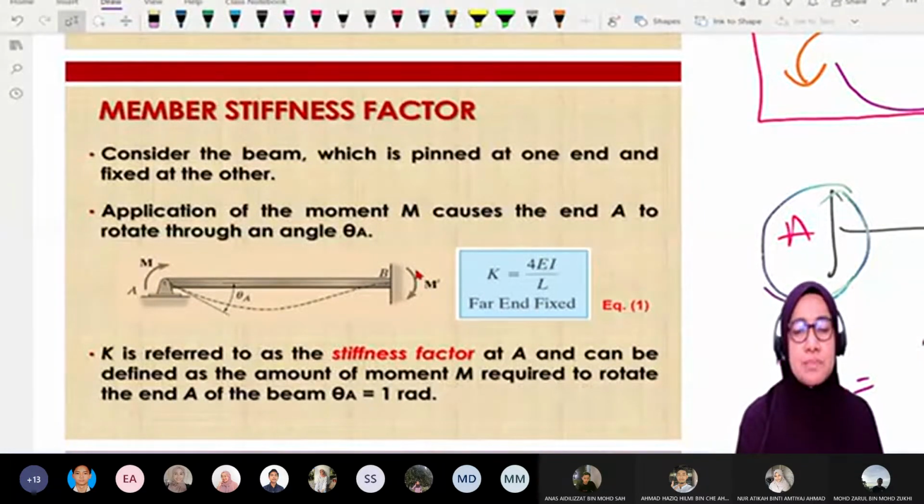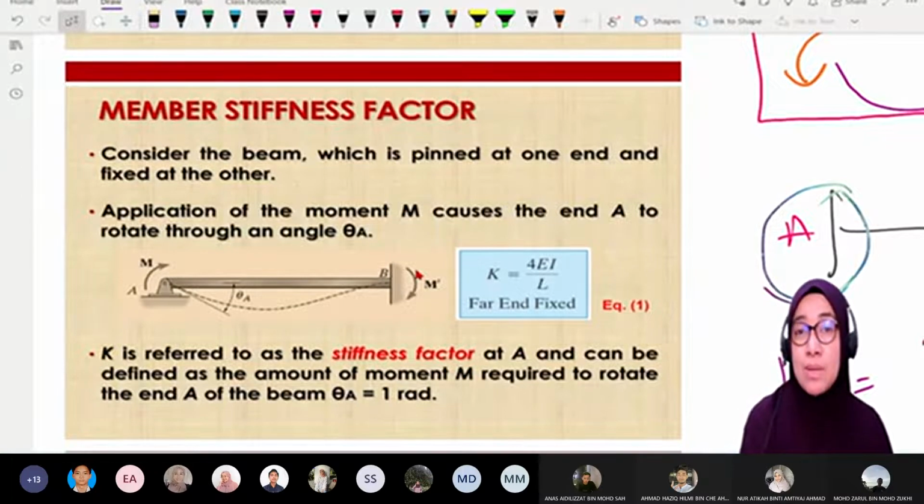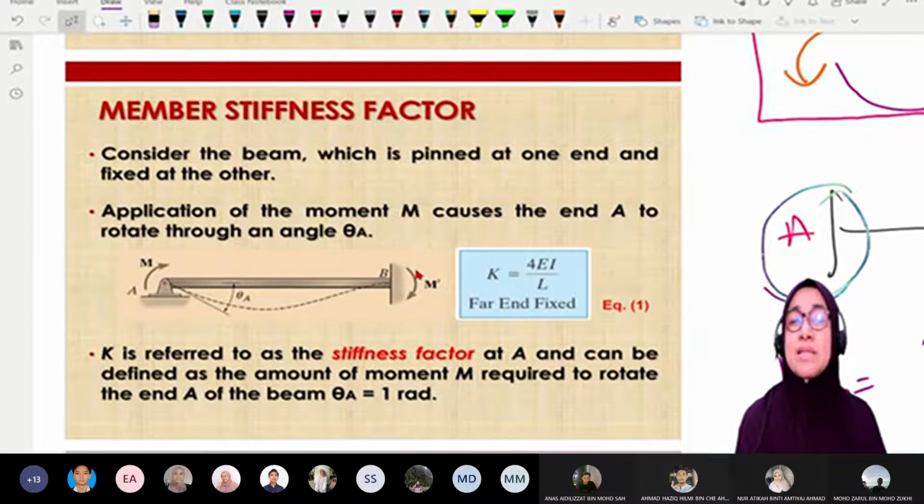Okay. So in MDM semalam kita dah discuss about sign convention. Sign convention for MDM clockwise positive, as suggested by Hibbeler, means that sign convention for MDM ni is based on assumption.